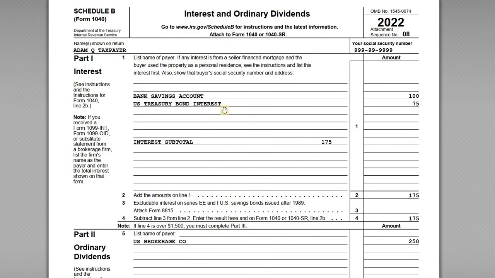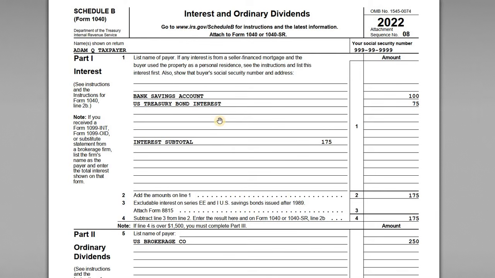So if I look at Schedule B here, we have his bank account interest income of $100, the U.S. Treasury bond interest income, $75. Again, remember, Treasury interest is subject to federal income taxes, but it's exempt from state income tax.